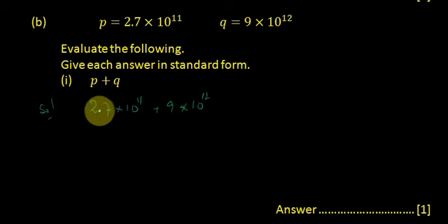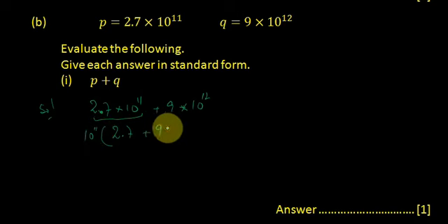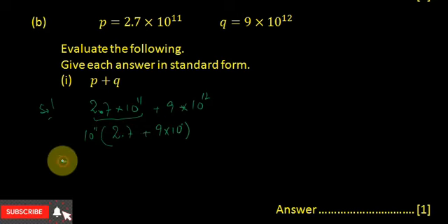Now we just take the common factor. Common is 10 to the power 11. So 10 to the power 11 is taken as common and the remaining is 2.7 here, plus 9 multiplied by 10, because 11 is taken common, so only one power is left. It is 1, and we usually do not write power 1.